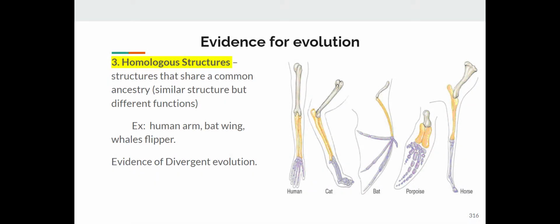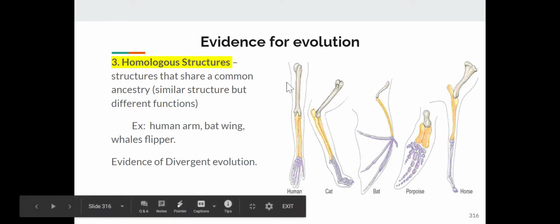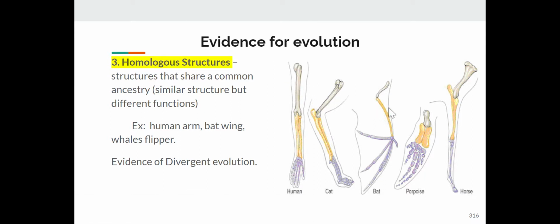We can get evidence from looking at homologous structures, right? These are structures that share a common ancestry but have different functions. Sometimes when you look at the structure of certain things, you see that they're lined up the same way. If you look, this is a human, this is a cat, there's a bat.